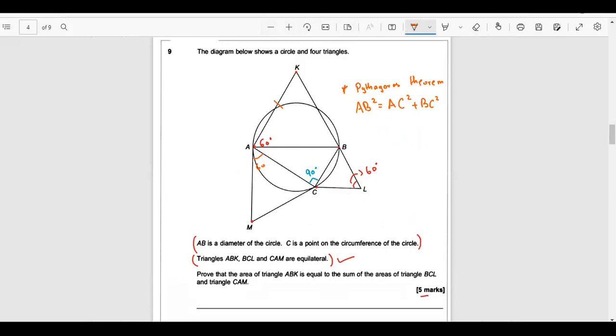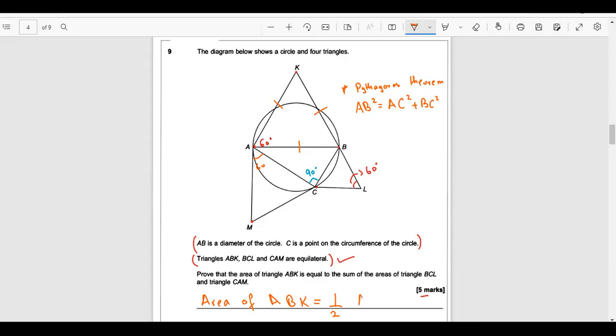The fact that this side is equal to this side is equal to this side means that if I'm interested in writing down the area of ABK, I can write it down as half the product of two sides and the sine of the third angle. Whatever sides I'm taking, all the sides are equal and all the angles are 60 degrees. So I can take AB into AB, because even if I'm taking BK or AK, that would be equal to AB.